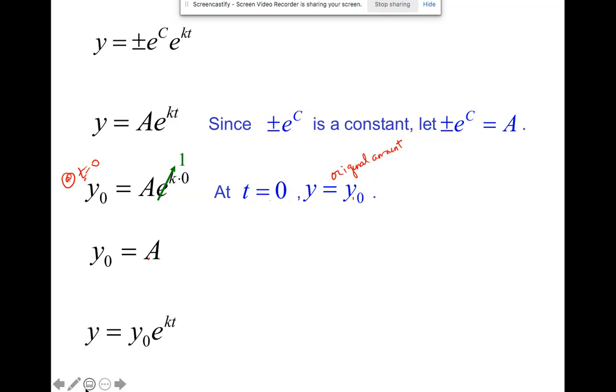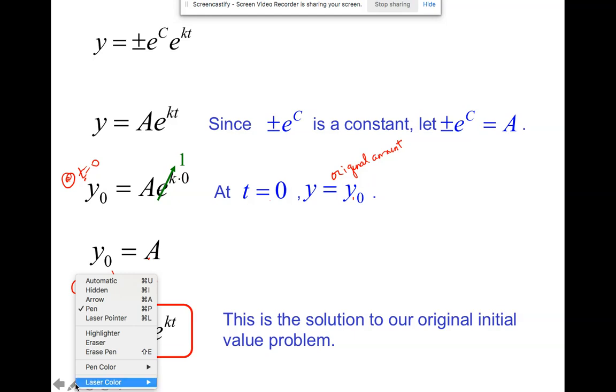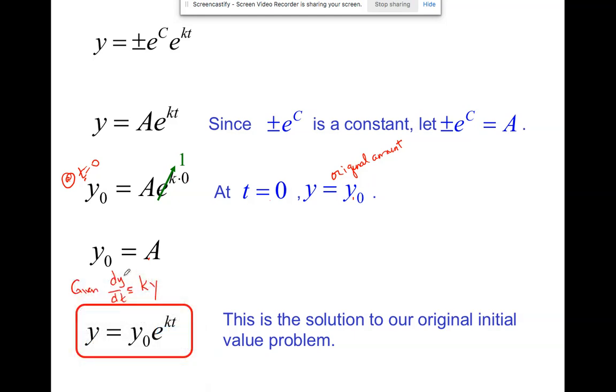But this is the solution to a given exponential growth rate equation where the rate of change of y is directly proportional to y. We solve that equation to get y by itself, and it's y equals y sub 0 e to the kt.